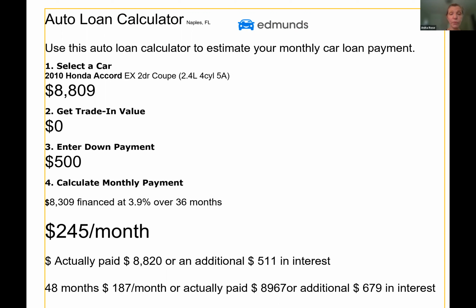Now, let's say that we extend that 36-month car payment to 48 months. What happens here is we're paying a lower monthly payment, but instead of paying $8,820 in total payments with an additional $510 in interest, we're paying $8,967 with an additional $678 in interest.